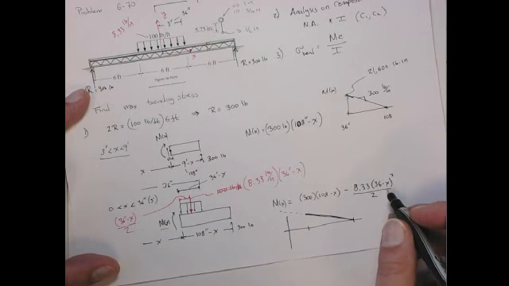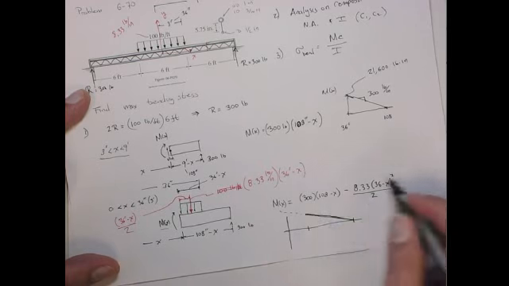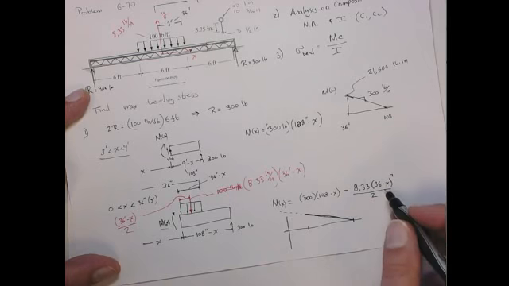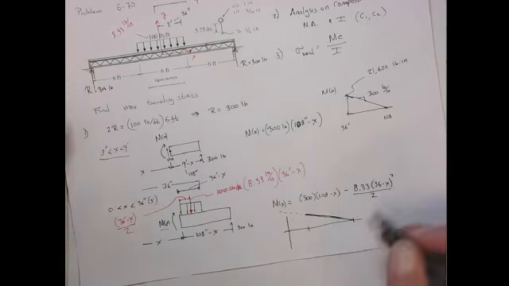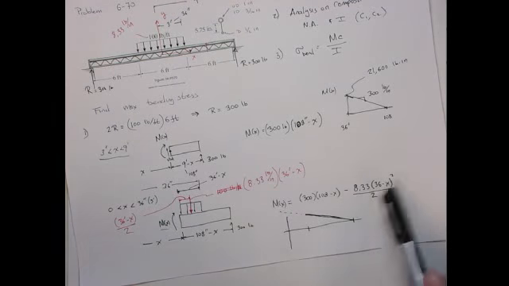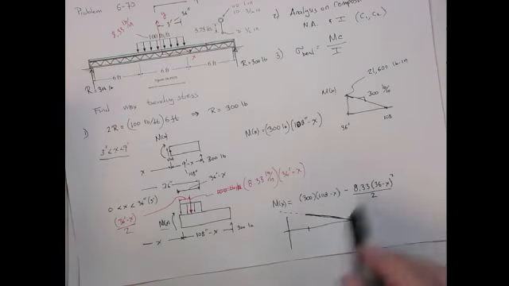So this quadratic, let's do it at x equal to 0. At this point the moment has 0, and then at x equal to 0, let's figure out the whole thing.